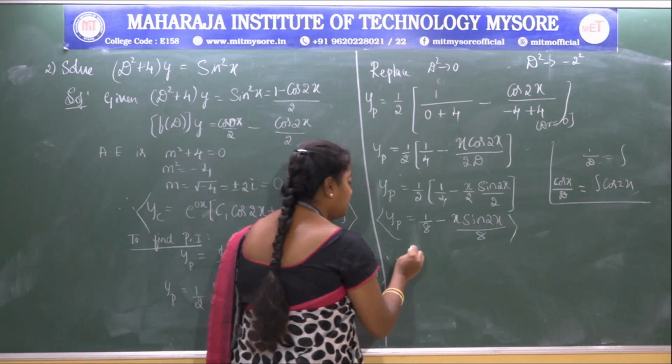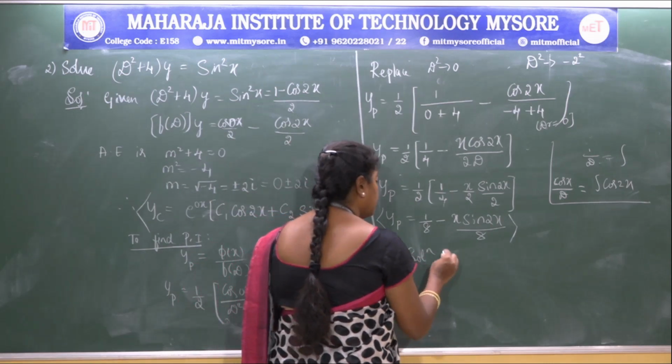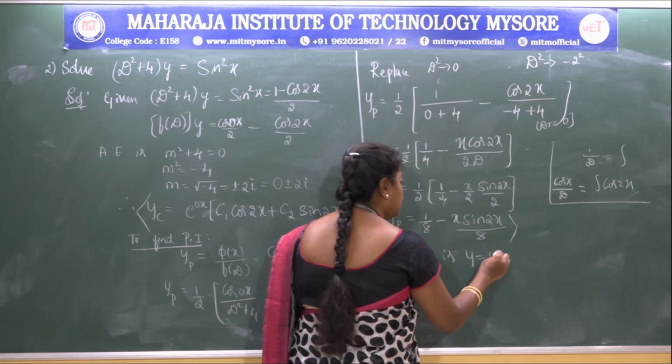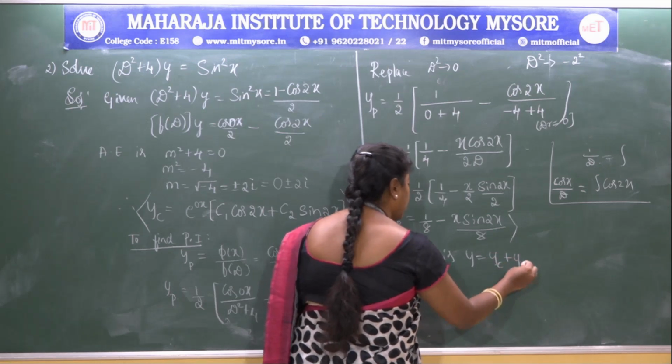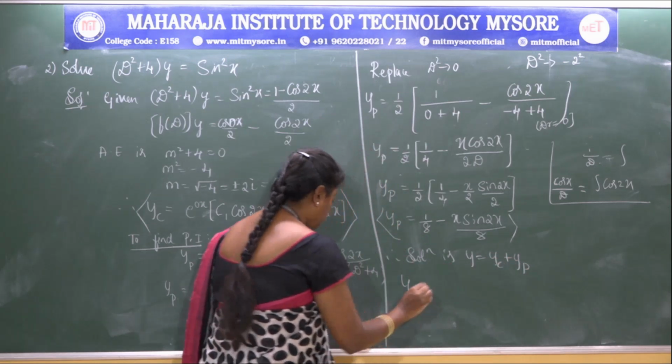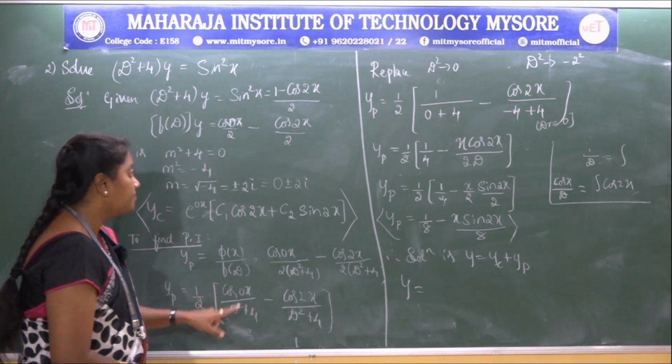Therefore the complete solution is y equal to yc plus yp. What is the value of yc here?